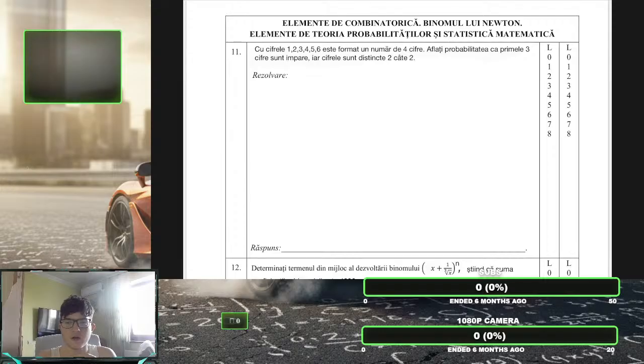Okay, so this one's a bit hard, but it's probability, so I'm kind of good at this. So obviously we start off with the formula m divided by n, and n is the total number of cases. We've got how many digits in total? 6. And basically we form a 4-digit number. So we just do C, right?